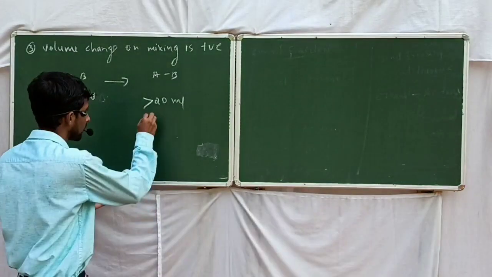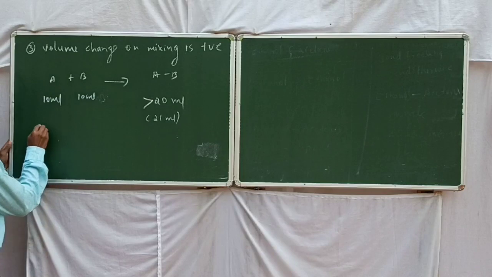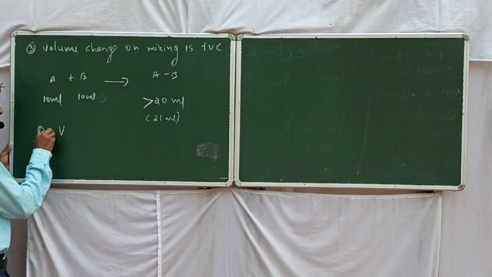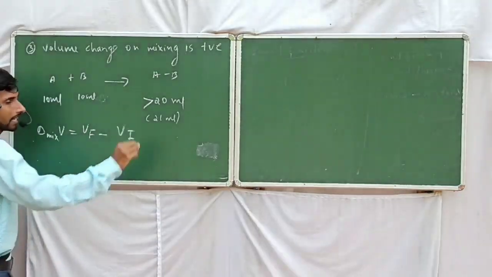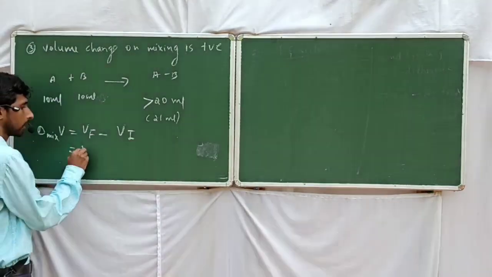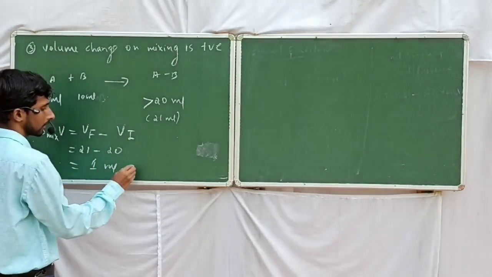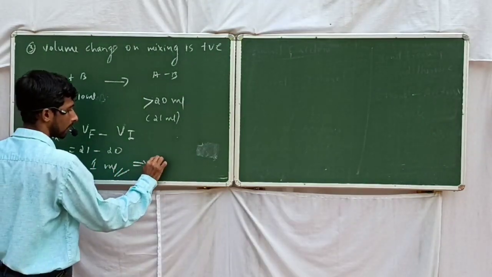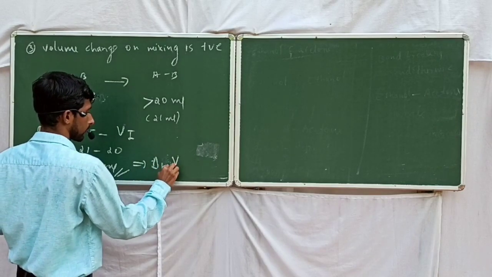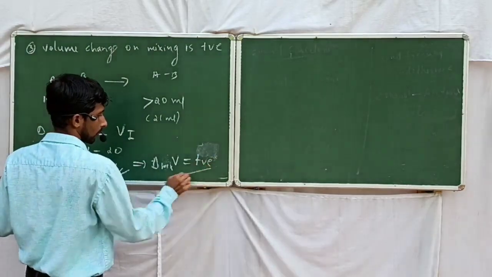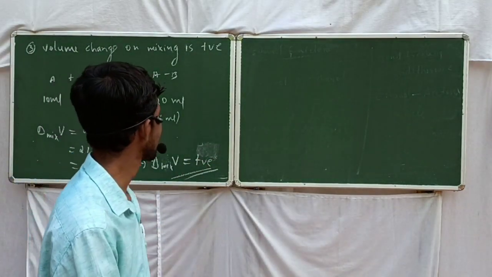Just assume that it is 21 ml. Then volume change delta V mix is equal to V final minus V initial, that is 21 minus 20, that is equal to 1 ml. So delta V mix is positive. Clear?